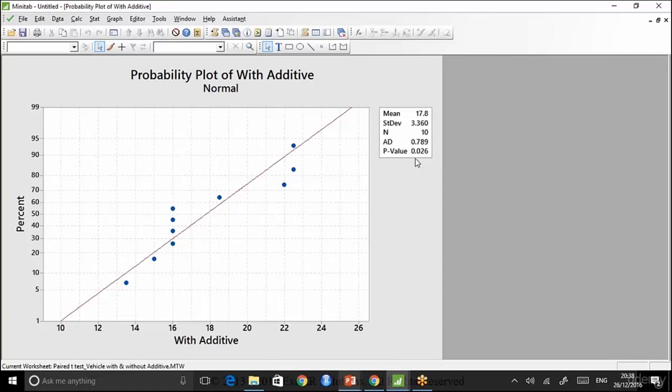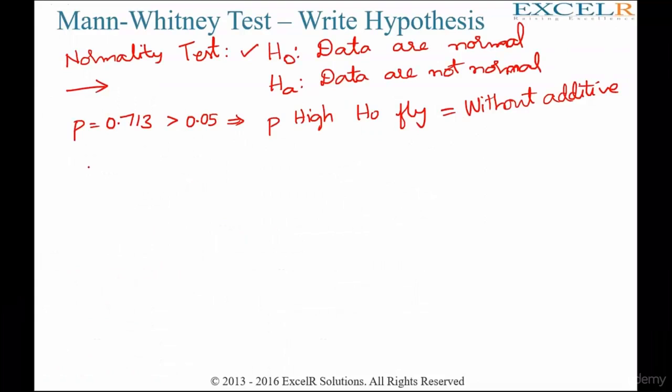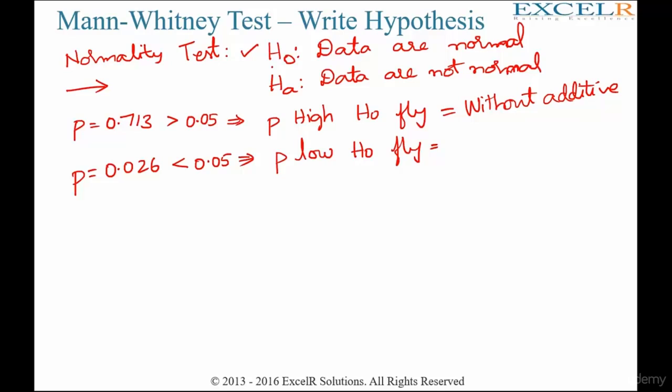It is 0.026. If the p-value is less than 0.05, what does that imply? P low, null go. So we are rejecting the null hypothesis, which says that data are not normal. This is with additive.